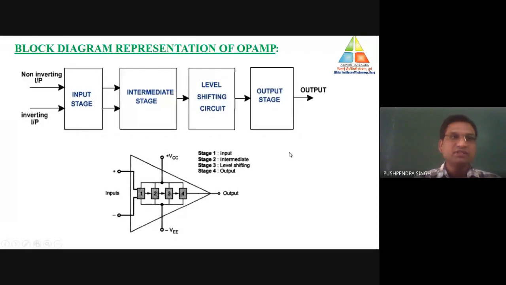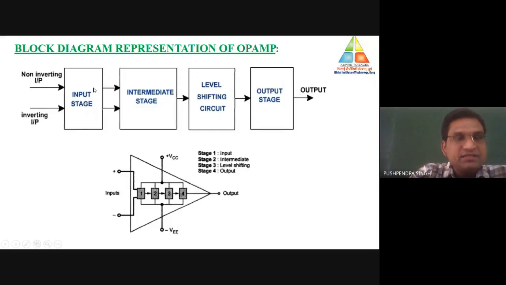Now moving further to the block diagram representation of the operational amplifier. This block diagram shows the internal circuitry, or the internal connections, by which we designed the IC741. The complete block diagram is divided into 4 different stages: the first stage is the input stage, the second stage is called the intermediate stage, the third stage is called the buffer or level shifting stage, and the fourth stage is called the output stage of the op-amp 741.